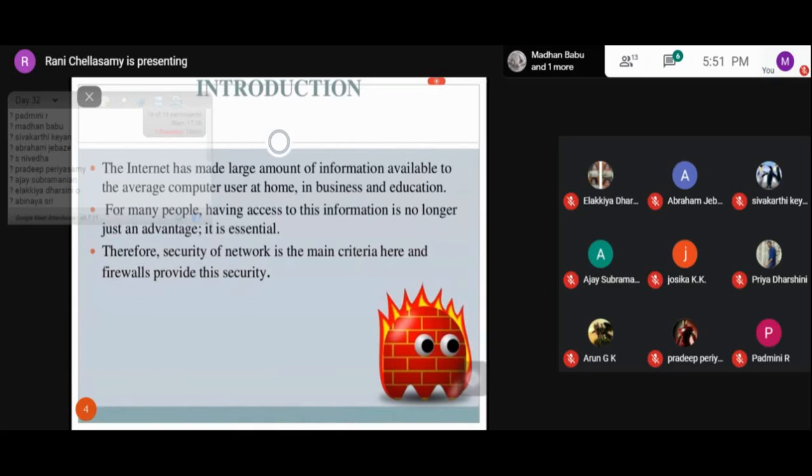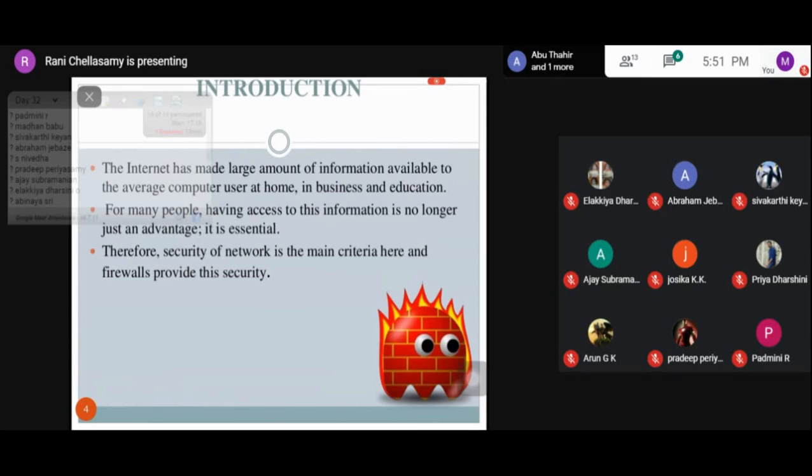Okay, so some information can be given permission to be accessed. Some information, that is confidential information or secured information, may not be given permission to the users. Okay, so some restrictions should be maintained. Okay, so for that purpose we can go for firewalls.